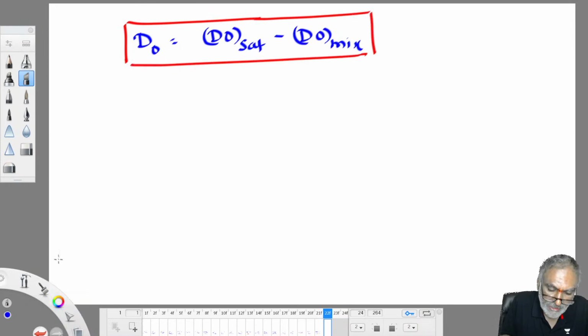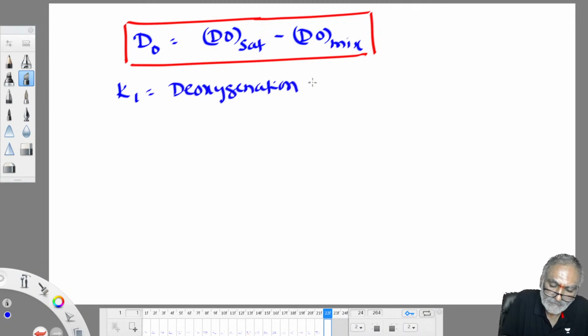What are K1 and K2? K1 is known as the deoxygenation rate constant to the base e, like a BOD constant only. It is taken in per day.